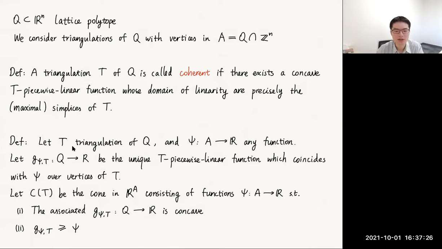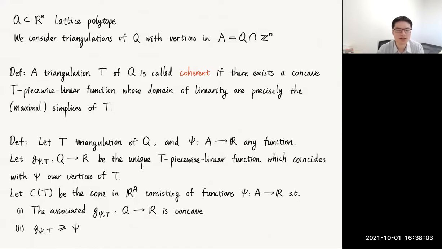Now, whenever we have a triangulation, we let C_T be the cone in R to the power A consisting of functions psi from A to R such that, first of all, the associated function g_psi,T is concave, and second, g is greater than or equal to psi.